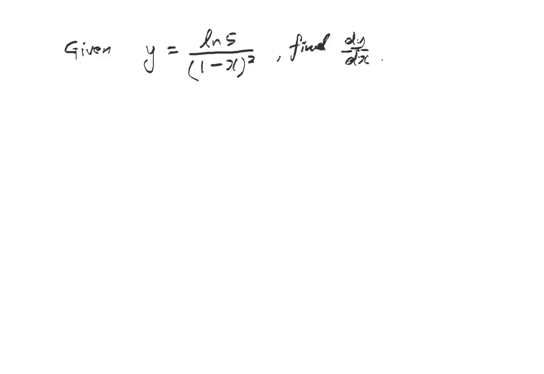A number. So if I have a number divided by something, does it mean that every time I see a fraction, I go quotient rule? No. If up there is a number, so a number times 1 minus x to the power of -2.